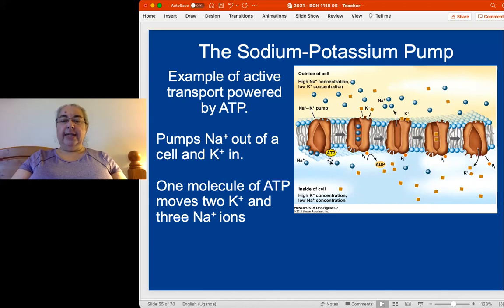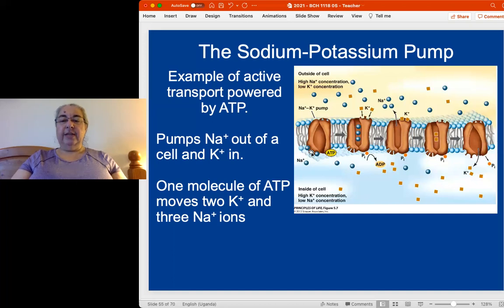So each ATP molecule is able to move 2 potassium ions into the cell and 3 sodium ions out of the cell. So if you follow through the diagram here, the sodium ions are bound onto the outside of a transporter and ATP is used.